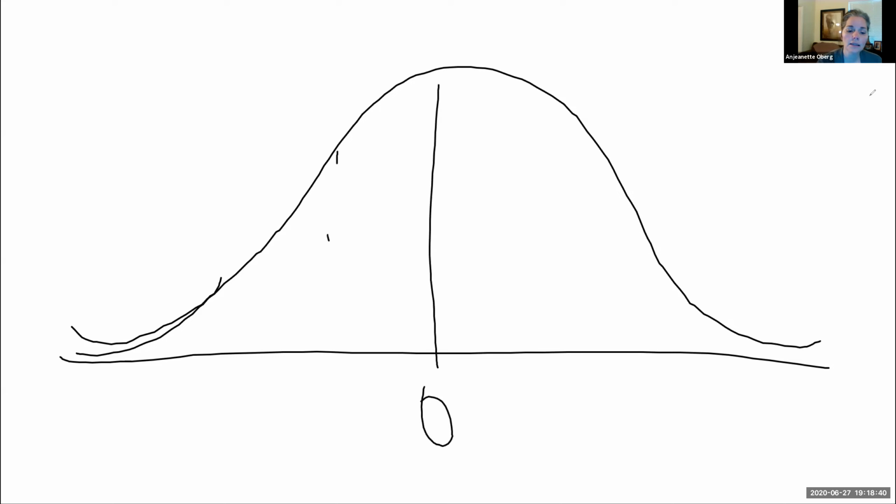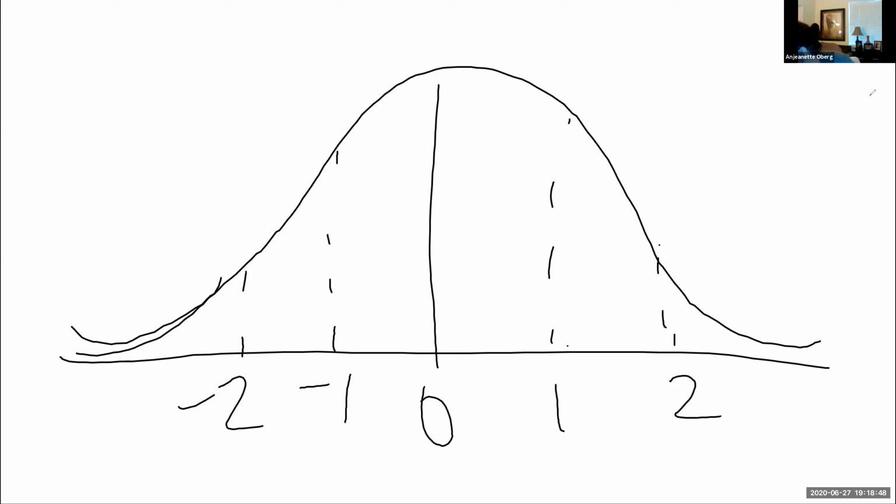And it's focused on this side now. So this would be 1, 2, this is -1, this is -2. It's asking me for -0.5. So -0.5 is going to be below the mean because it's negative, and it's only a half a standard deviation. So it's going to be halfway between 0 and -1, okay?